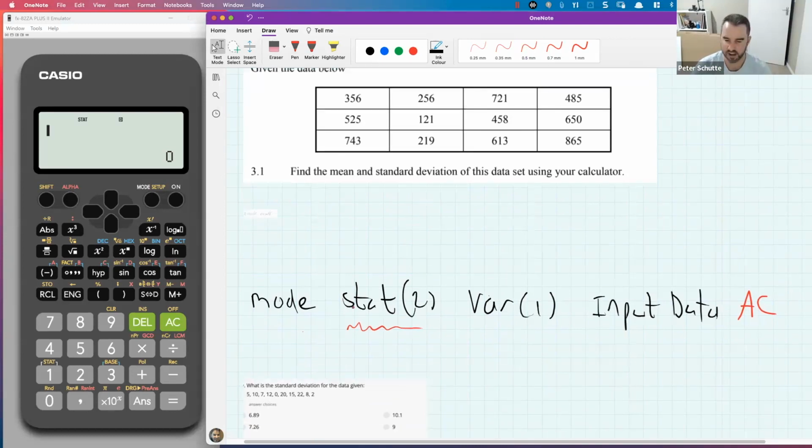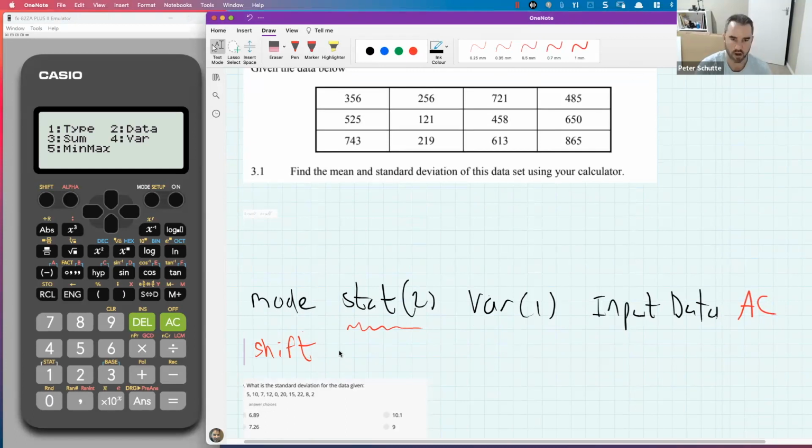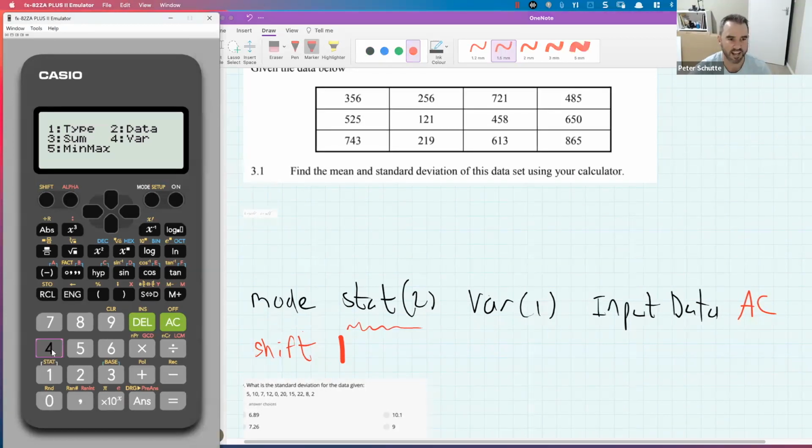Well, we are going to find it by going Shift. So that's this button over here, Shift, and then 1. So Shift, and then 1. And then after I've hit 1, I need to choose 4 for the var.